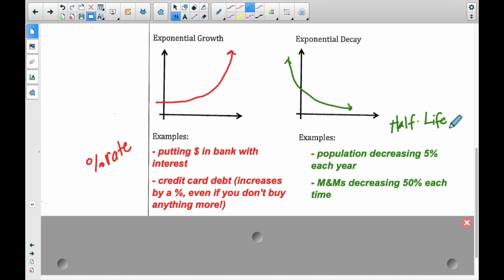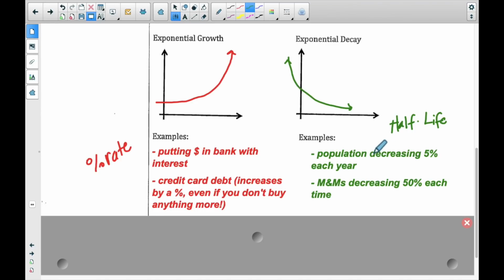Same thing with radioactive material. It has a half-life. And going back to what I was talking about before, is your weight ever going to get to zero? Well, with exponential decay, it typically will not get to zero. It will get lower and lower and lower, but it won't ever get to zero.